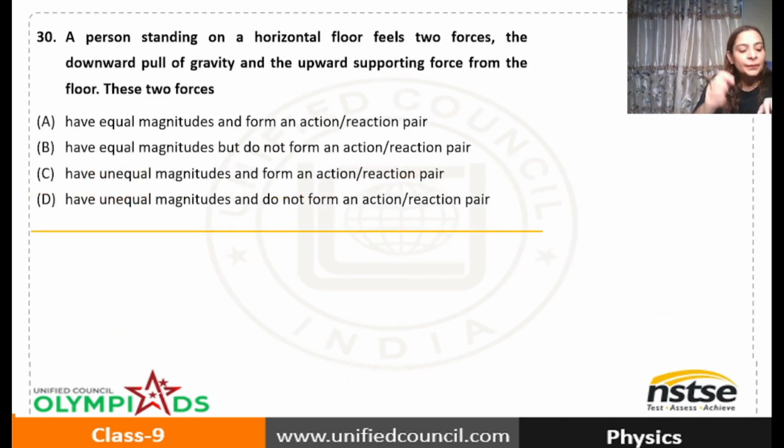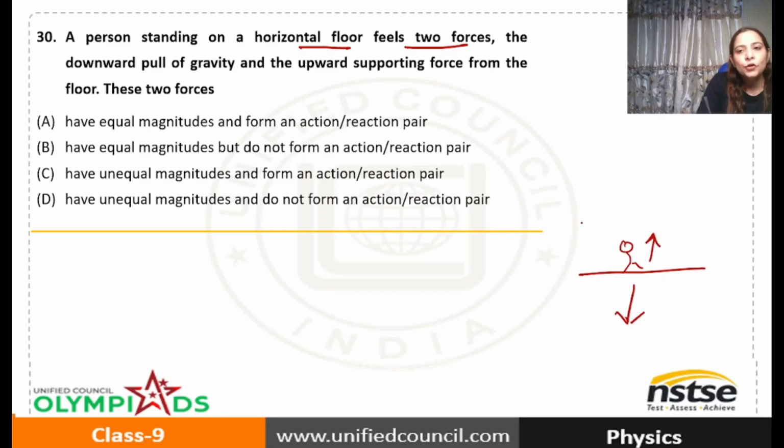Next question. A person standing on a horizontal floor feels two forces: the downward pull of gravity and the upward supporting force from the floor. So it experiences two forces, one towards the gravity and an upward supporting force from the floor.